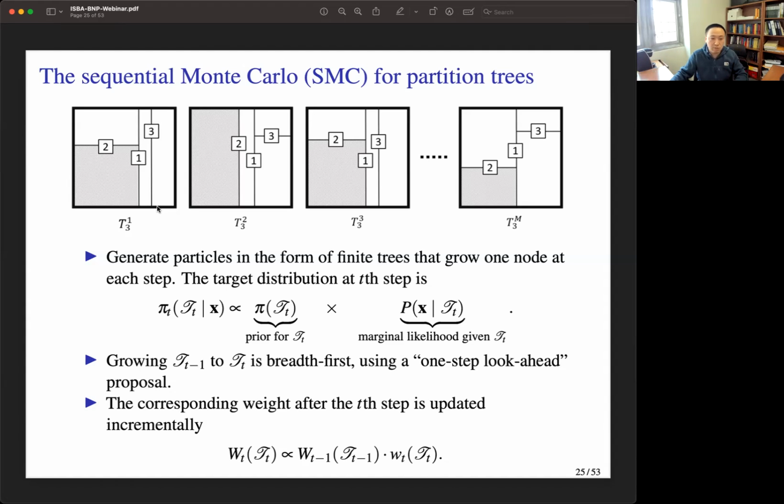You always grow the tree breadth first, and every time you split one node into two children, you can update the weight, as long as you can compute the marginal likelihood given the finite tree that you've generated.